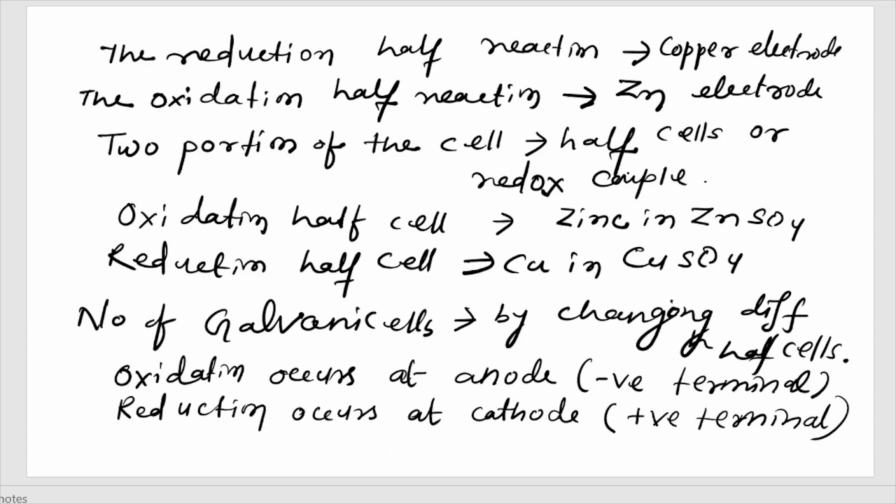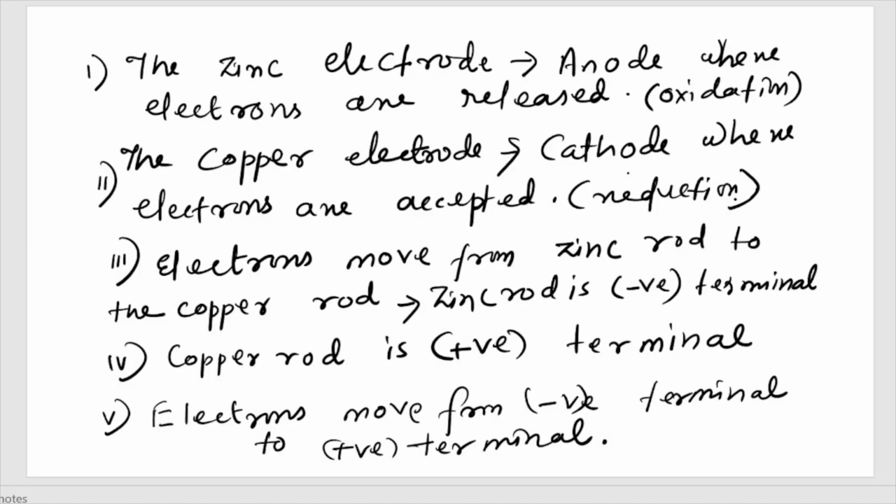You can check the number of galvanic cells here, and coming to the zinc electrode, that is called the anode where electrons are released. Oxidation loses electrons, oxidation takes place. The copper electrode means the cathode where electrons are accepted, gained, that is called reduction.